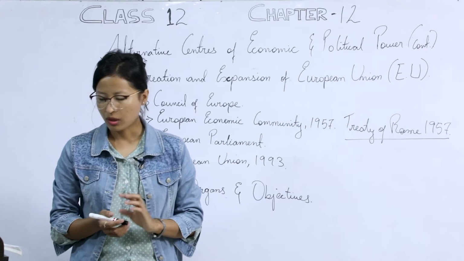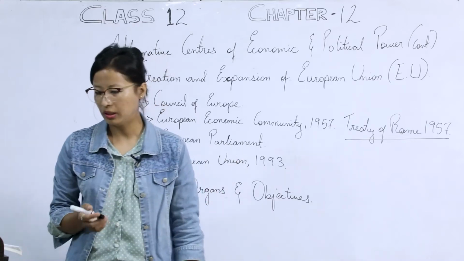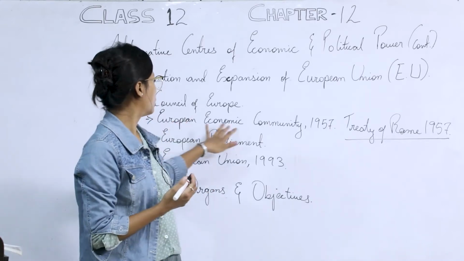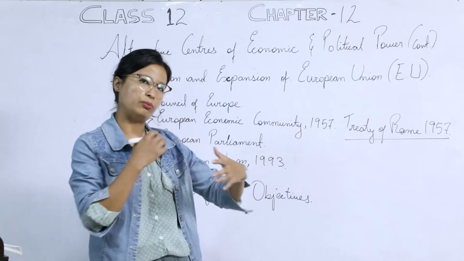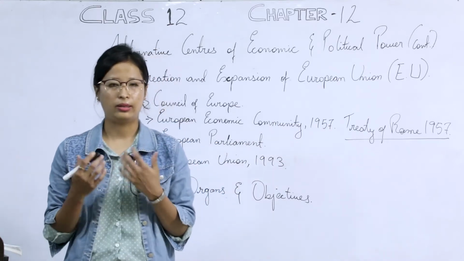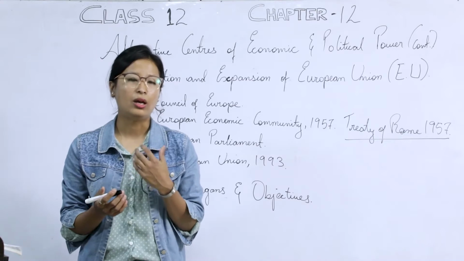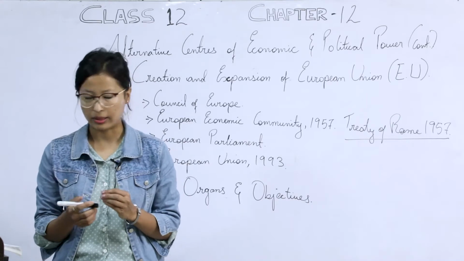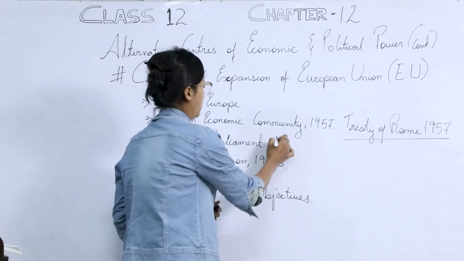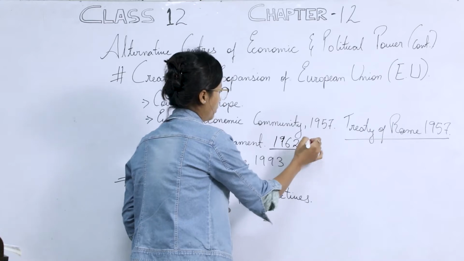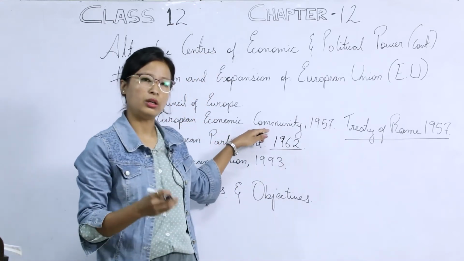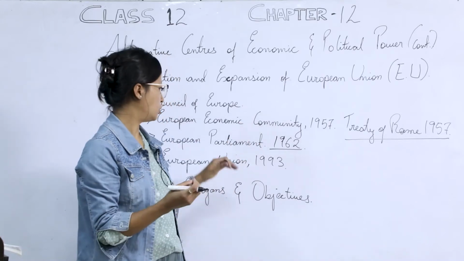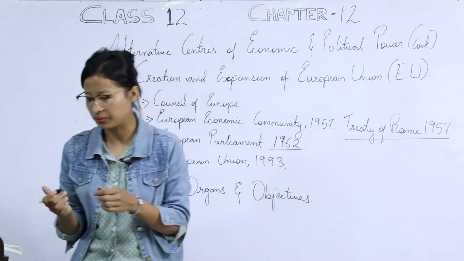Now, the European Parliament, the next step. The European Economic Community took on a political dimension when they established an assembly, and this assembly turned into a parliament in 1962.